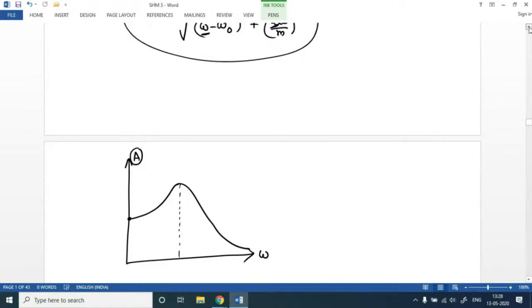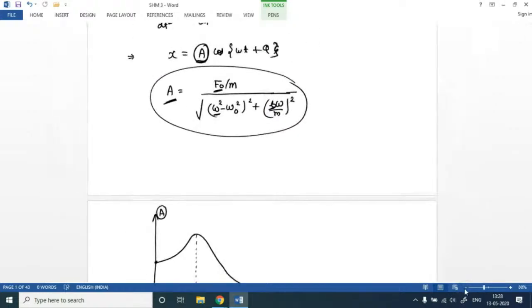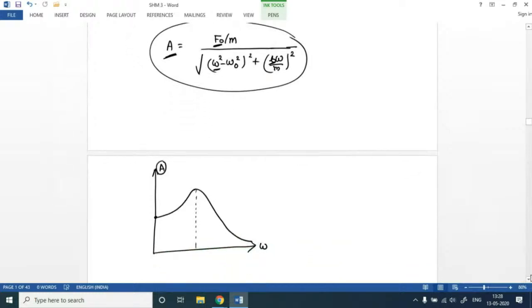Looking at this relationship, you should realize this peak will occur when omega is equal to omega naught. The amplitude would be maximum when omega is equal to omega naught, so this term will become 0 and we will only have this term over here.